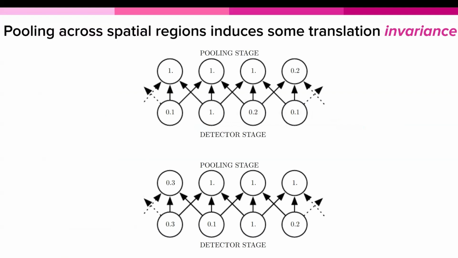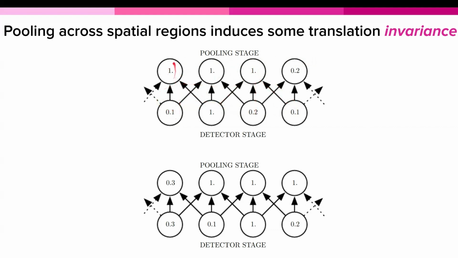To drive home this idea of how pooling can induce translational invariance, there are a few diagrams here. The bottom row represents the activations immediately after the detector stage, and the top row shows the results after pooling, specifically max pooling. Each pooling unit in the top row takes the maximum value from a local neighborhood of three pixels in the bottom row.